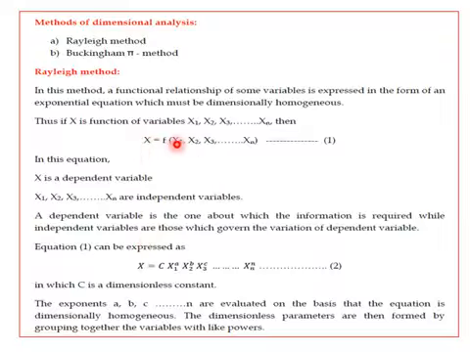Now equation 1 can be expressed in the form of an exponential equation, which is written as x is equal to C, some constant, x1 to the power of a, x2 to the power of b, x3 to the power of c, and so on to xn to the power of n, where C is a dimensionless constant. Here the exponents a, b, c to n are evaluated on the basis that it is a dimensionally homogeneous equation.